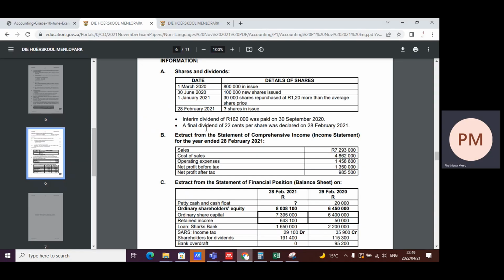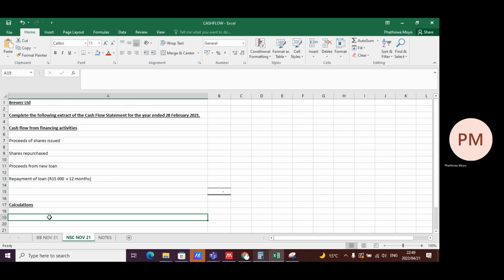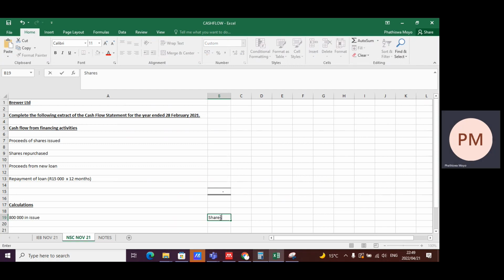Now, we need to do our note. Shares at the beginning of the financial period.